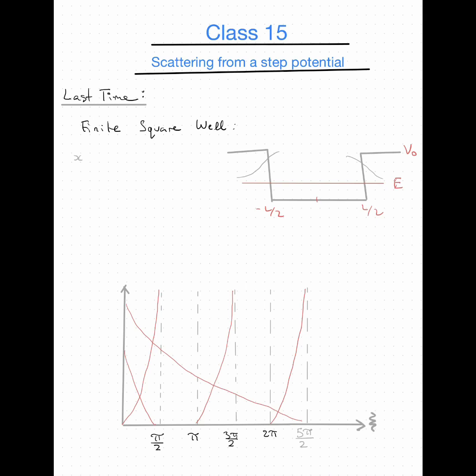Recall that for x greater than L over 2, we have this e to the minus kappa x solution, where kappa is root 2m (V naught minus E) over h bar, and for x less than minus L over 2 it is e to the plus kappa x.